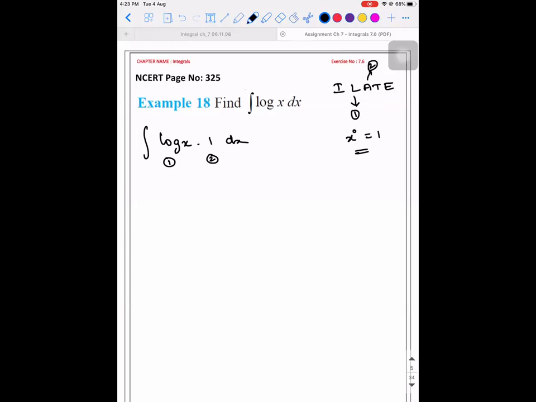Tell me the first function. You need to write the formula in the exam for every question, but here I'm trying to make you memorize the formula. First function into the integral of second function, minus the integral of the derivative of the first function. The derivative of log x is 1 by x, into the integral of the second function 1 with respect to x.